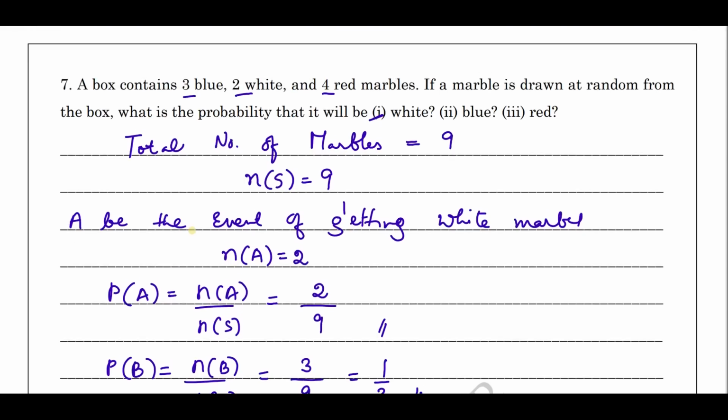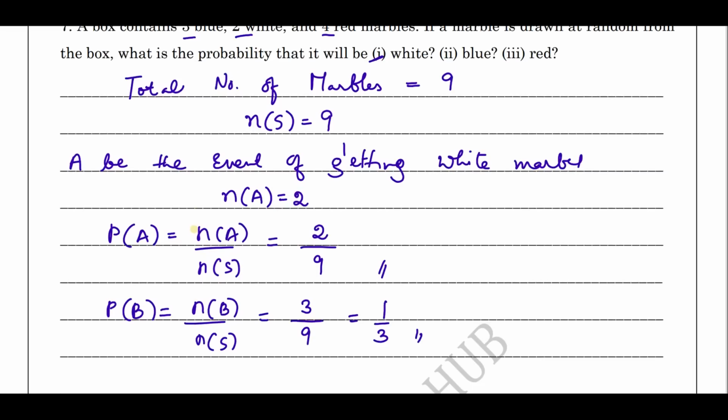The same way, how many red marbles are there? Let C be the event. P of C equals N of C by N of S. N of C is 4, and N of S is 9. That is 4 by 9.